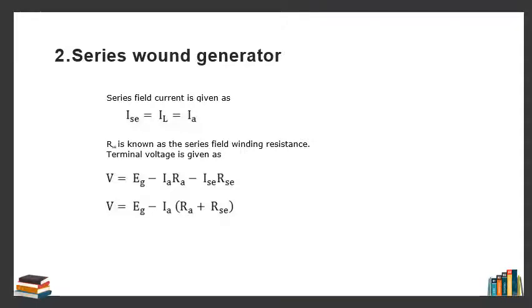The terminal voltage is given as V equals Eg minus Ia into Ra minus ISE into RSE, where V is the voltage, Eg is the generator voltage, Ia and Ra are the armature current and armature resistance, and ISE and RSE are the series field current and the resistance of the series field winding. So V equals Eg minus I in bracket Ra plus RSE.